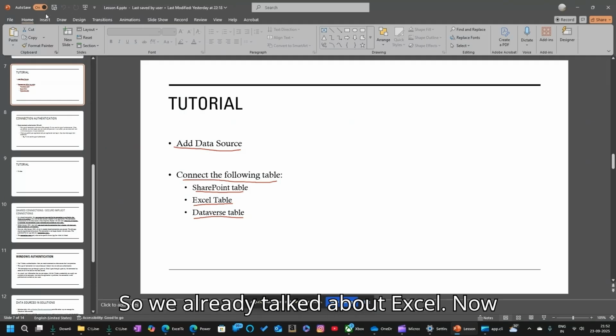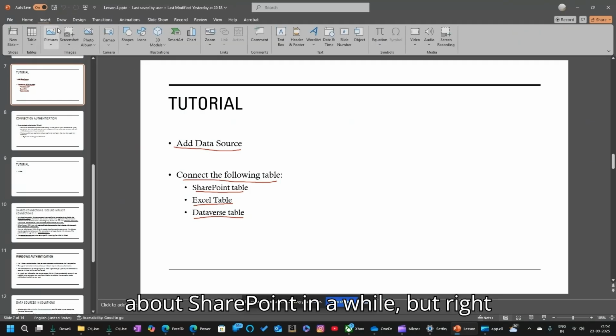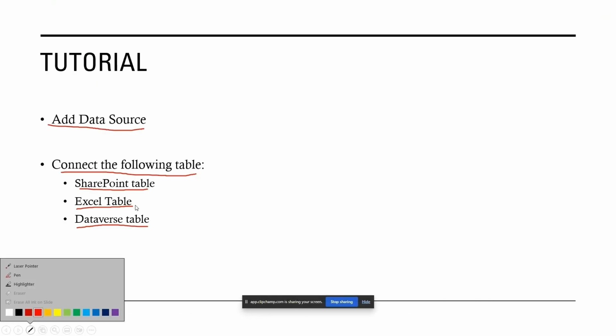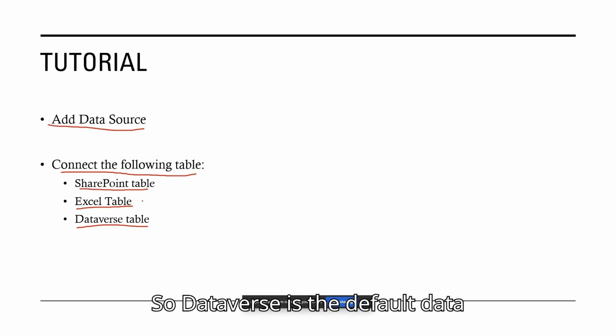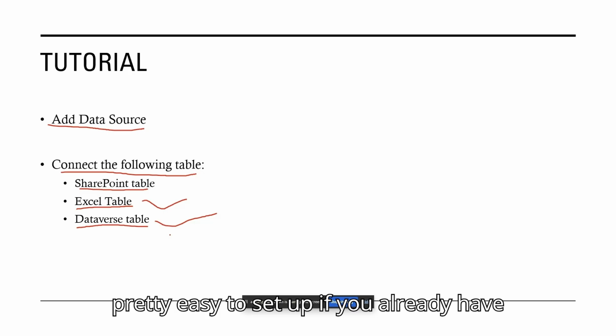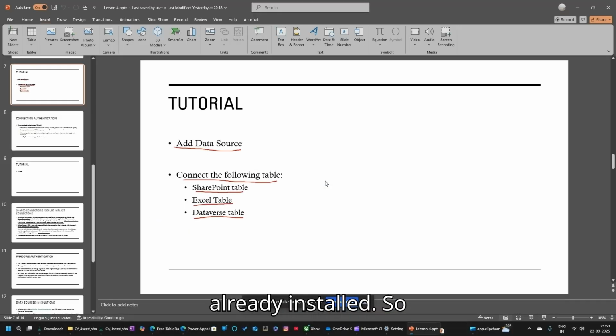So we already talked about Excel. Now let's talk about Dataverse. I will talk about SharePoint in a while, but right now I'm going to talk about Dataverse. So Dataverse is the default data source that is part of Power Apps. And it's pretty easy to set up if you already have a Power Apps environment already installed.